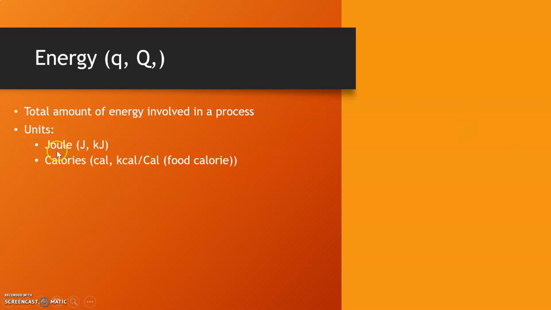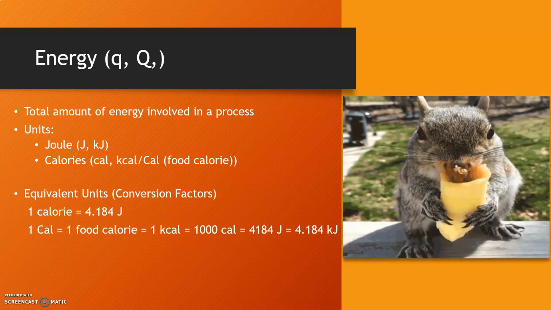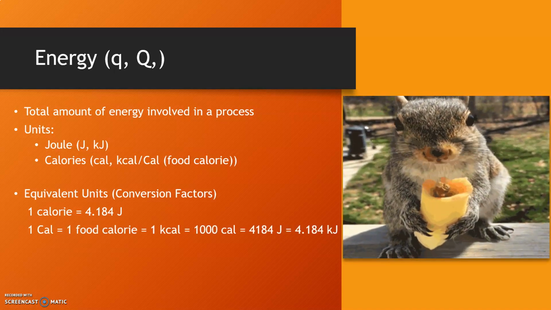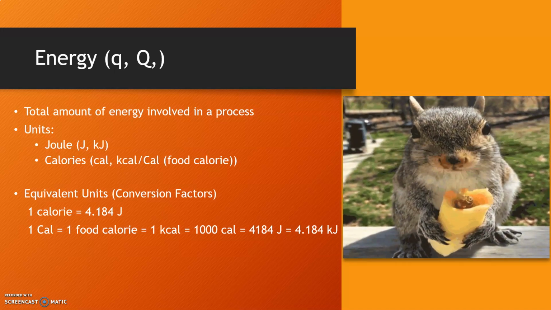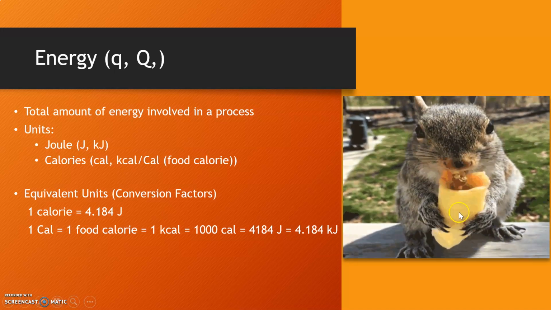So the relationship between these two, something that we're going to need as far as conversion factors go. 1 calorie is equal to 4.184 joules. And then if we get to food calories, 1 big Calorie, a food calorie, is equal to 1 kilocalorie. And so here's the equivalence.